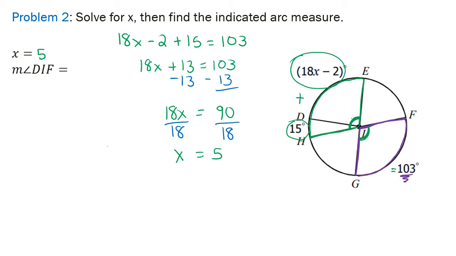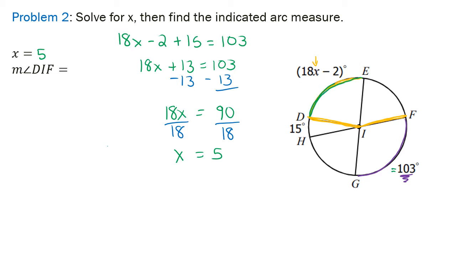The next thing it's asking us to do is to find the central angle D, I, and F. Well, we're going to need to plug x into that expression so we can find out what DE is.